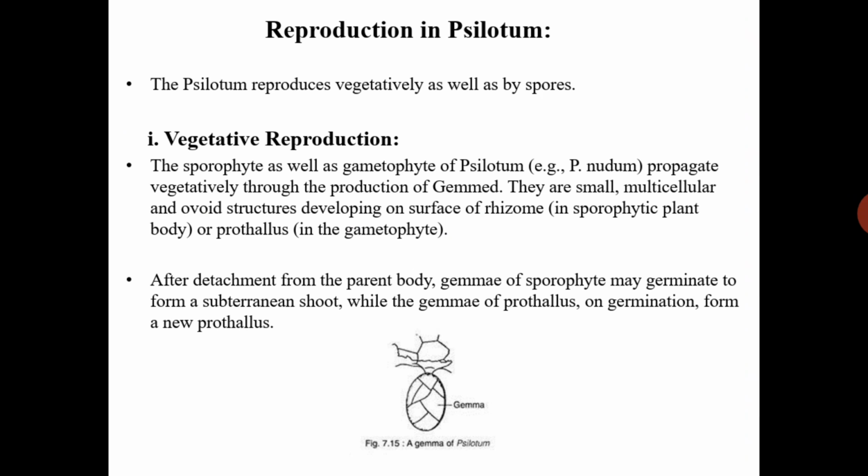After detachment from the parent body, gemmae of a sporophyte may germinate to form a subterranean shoot, while the gemmae of a prothallus on germination form a new prothallus. So this is vegetative reproduction by gemmae.